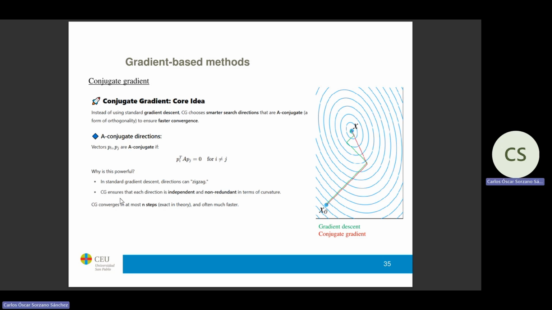So the conjugate gradient directions ensure that each direction is independent in the A sense, and non-redundant in terms of curvature. The key idea is to look at the curvature of the function and then go in the best directions according to this curvature. There are some theorems that tell you that conjugate gradient converges in at most n steps, where n is the number of variables. So it is a very, very fast algorithm.